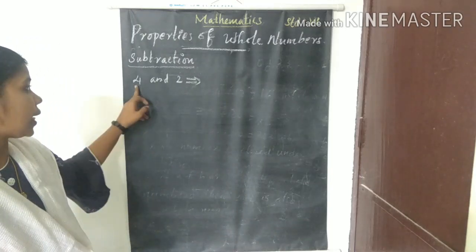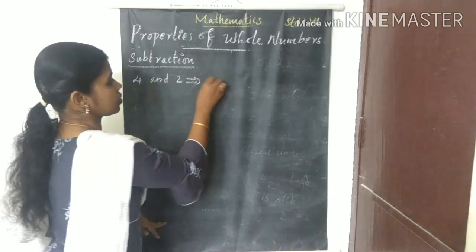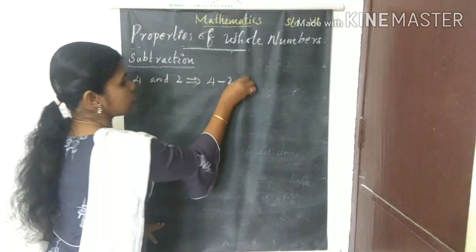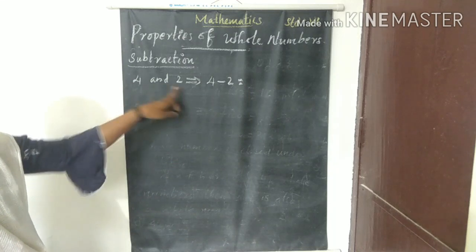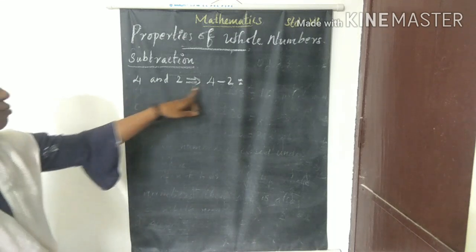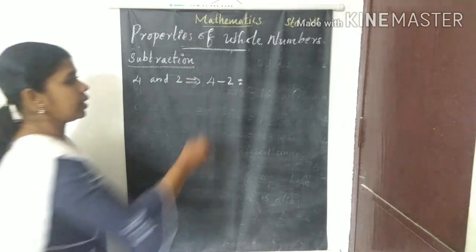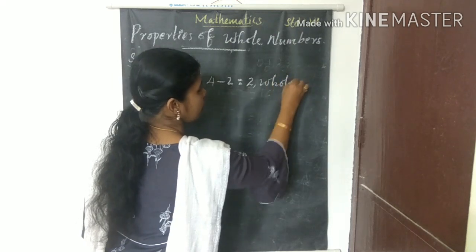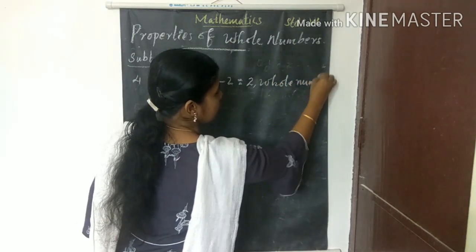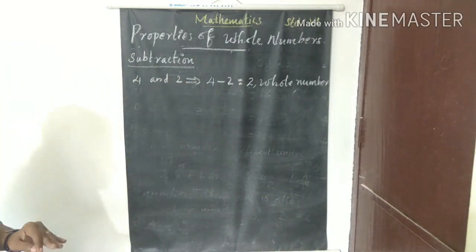Here I take two whole numbers, 4 and 2. Now I take the difference, 4 minus 2. What is the answer? It is 2, and 2 is also a whole number. So first our subtraction answer is a whole number.